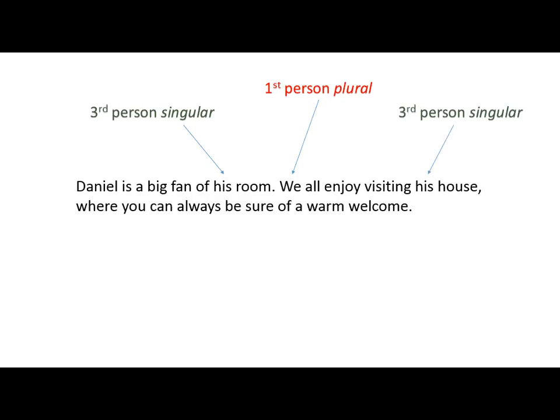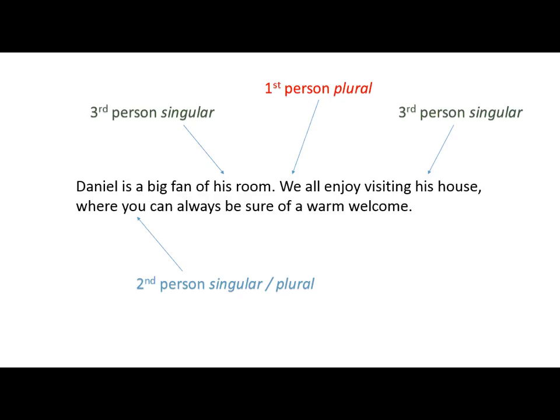Thirdly, we use the third person singular pronoun his rather than saying Daniel's house because it is clear from the connection to the first sentence that we are still talking about Daniel, and so there's no need to repeat his name. And fourthly, we use the second person singular or plural pronoun you to talk about you always being sure of a warm welcome.